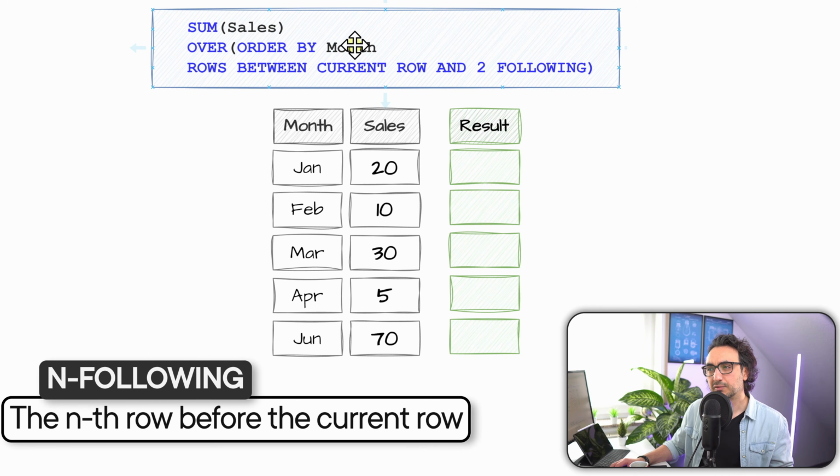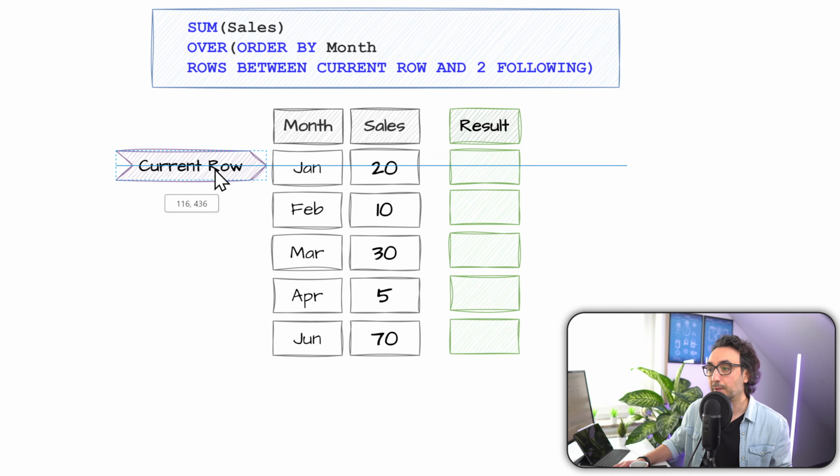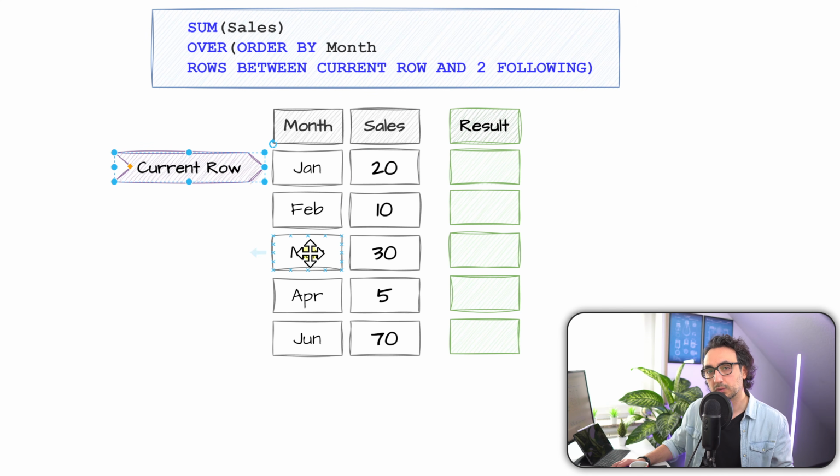The first definition, order by month: as you can see, the months are sorted already. So now SQL is going to work with the frame definition, current row and 2 following. SQL is going to process this row by row. It starts with the first row, and that is our current row. We say the range goes until two following rows, so it's going to be February and March.